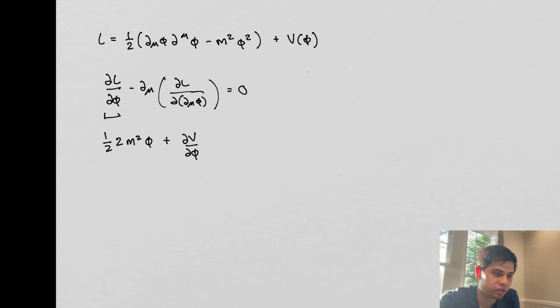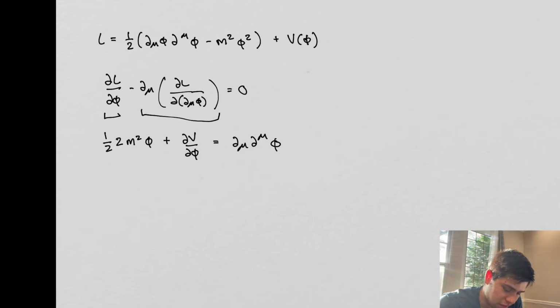And then as we've seen before, this other term is going to give us the kinetic term. And again, the kinetic term, as we've seen, was d mu phi, like this.